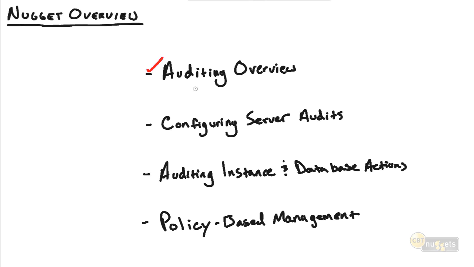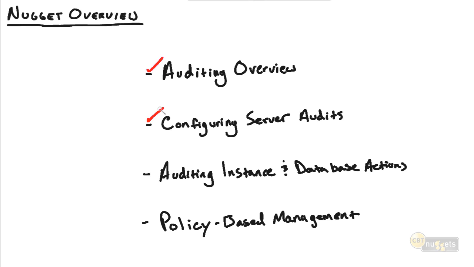You just had to have good documentation and hope for the best, really. Now with policy-based management, we have a nice centralized place to control all the settings, virtually anything we can think of here in SQL Server. So we'll get a good overview of what policy-based management is all about, and then we'll jump over to the virtual Nugget Lab and put all this stuff to use.